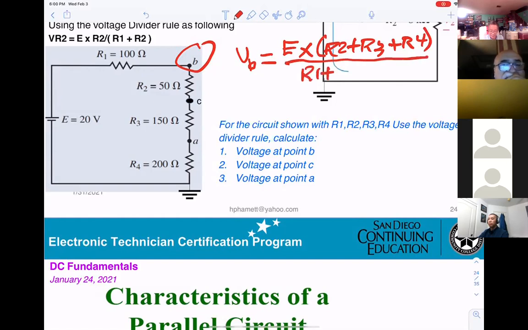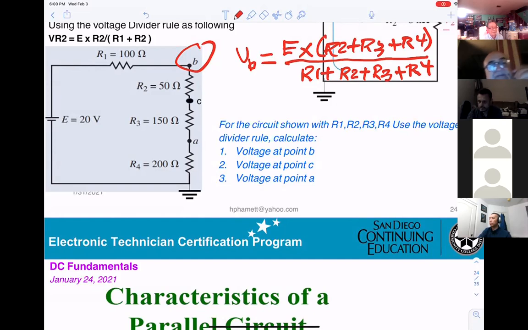R1, R2, R3, R4. That is the voltage divider. Instead, you have to calculate the total resistor. Then you have to calculate the current I. Then you can multiply to get the VR2, VR3, VR4, add them up. That takes a long time. So we can use this voltage divider law.